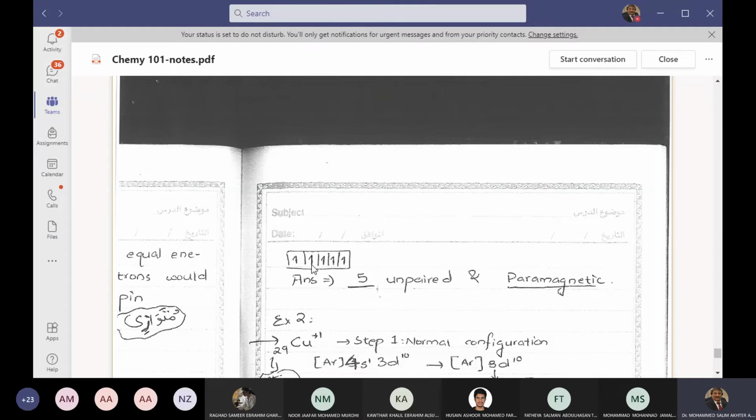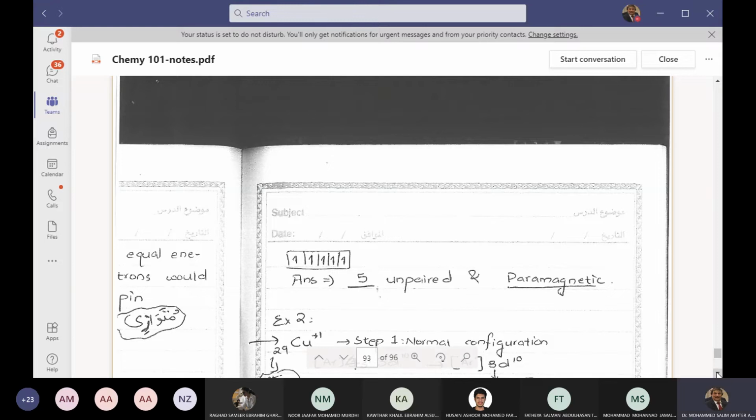How many unpaired electrons? 5. Paramagnetic or diamagnetic? Paramagnetic, because you can see 5 unpaired electrons. My friends, suppose this is paired, this is paired, this is paired, this is paired, and only one unpaired, again it is paramagnetic.